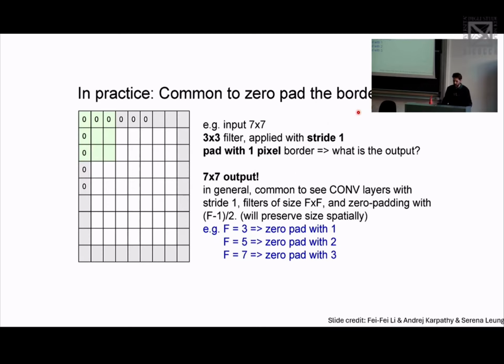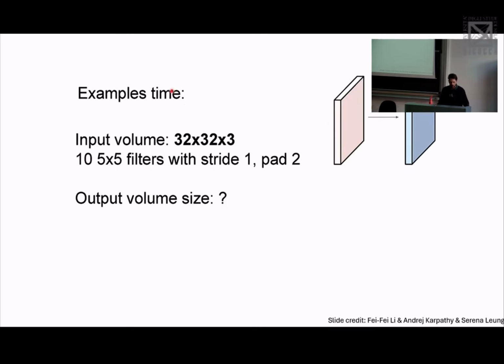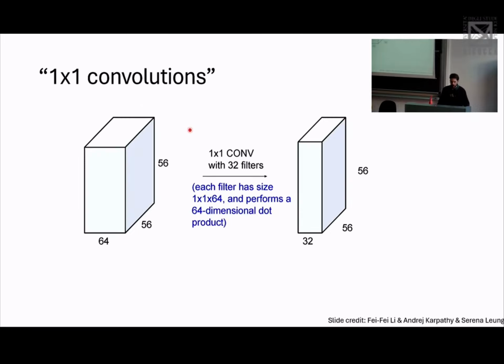There's the padding issue, which you've probably seen already. And in many architectures, the one-by-one convolutions are important. These are used, in general, to reduce size. This means just mixing all the channels together, without looking at the spatial relationship. You're just looking at the individual pixel level.